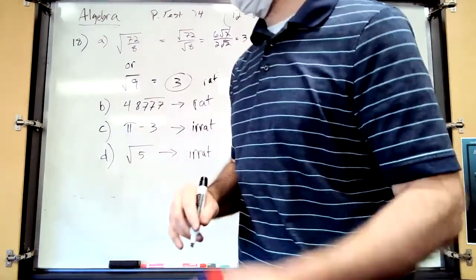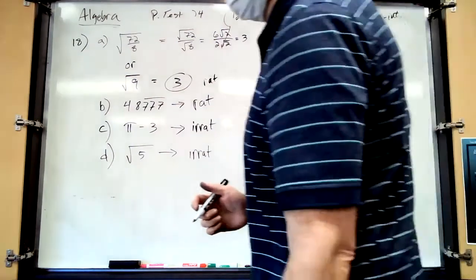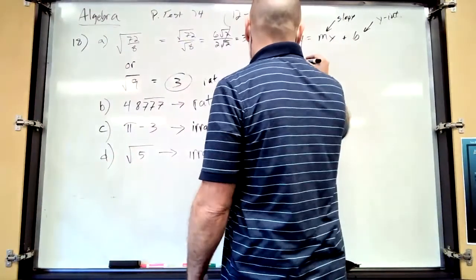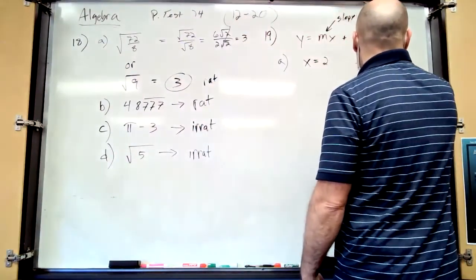Whenever you have a vertical line, what is the equation? X equals 2. So that's the only time you'll have an equation where X equals something instead of Y equals something. Any vertical line is X equals wherever it crosses that X axis. So X equals 2.